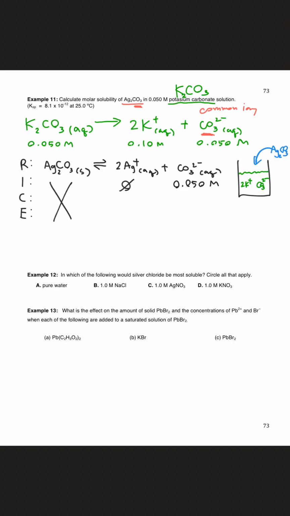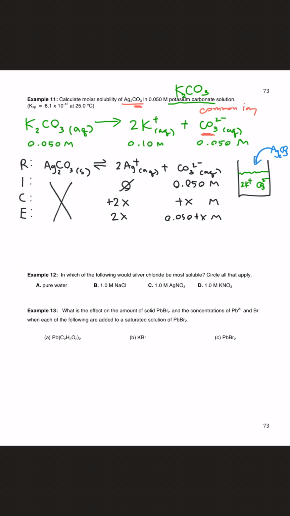Now the change for silver ion would be plus 2x because the stoichiometric ratio is 2 to 1. So carbonate would be plus x. And at equilibrium, the silver ion would be 2x and the carbonate ion would be 0.050 plus x molar.